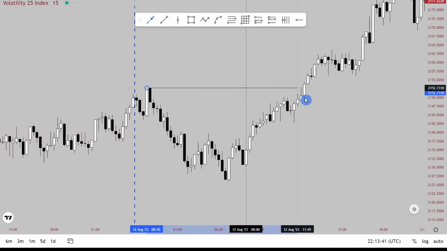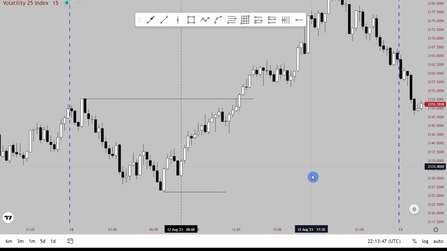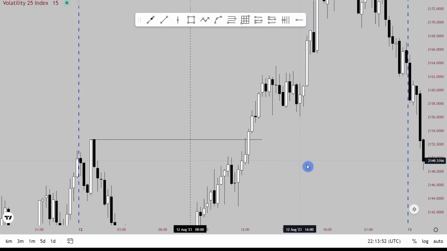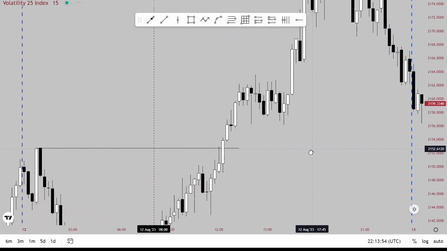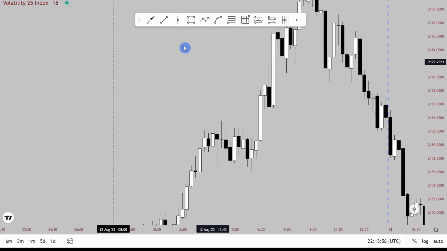Okay, so this is our highest point. This is our lowest point. Okay. So as we can see, price raided the high. We didn't get a market structure shift, but we continued to break up aggressively, right? So you can see that we broke to the upside 2 more times.